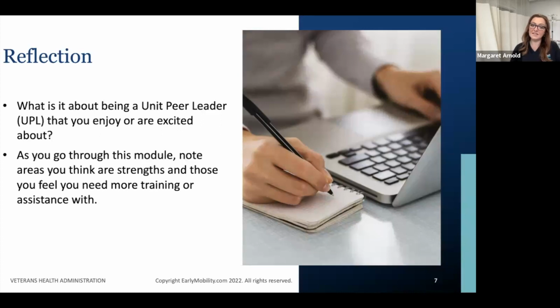As you go through this module, take notes on areas where you think you are strong and those where you feel you need a little bit more training. And then reach out to your team members to help you get stronger in the areas where you don't feel you have a strength.